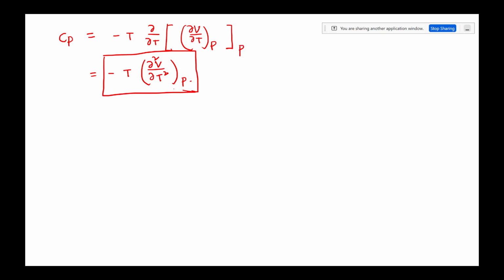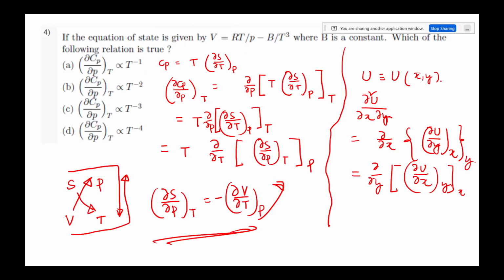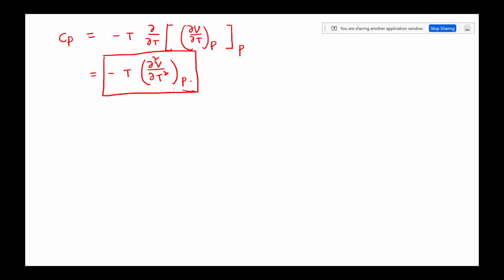Now let's see what the equation of state is.